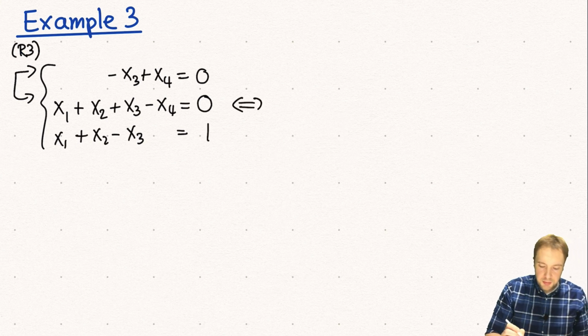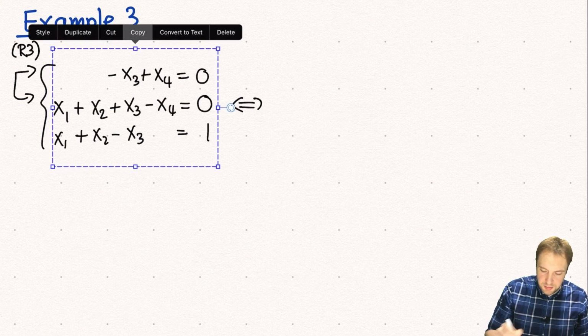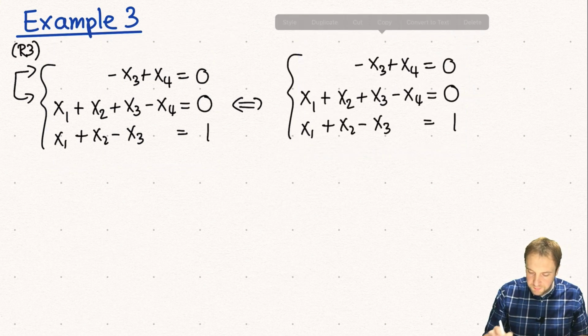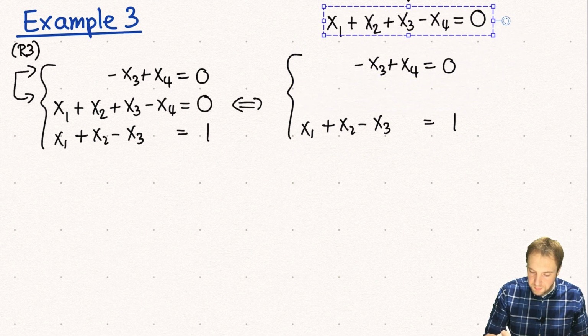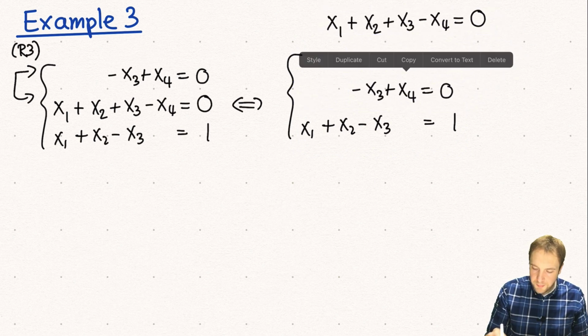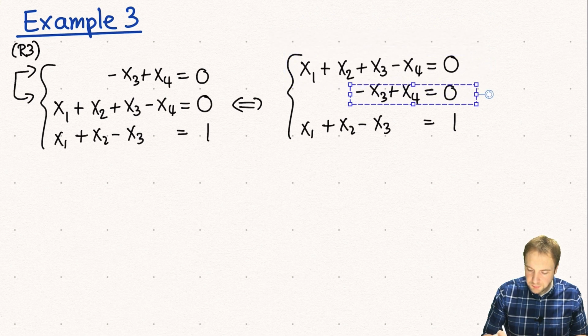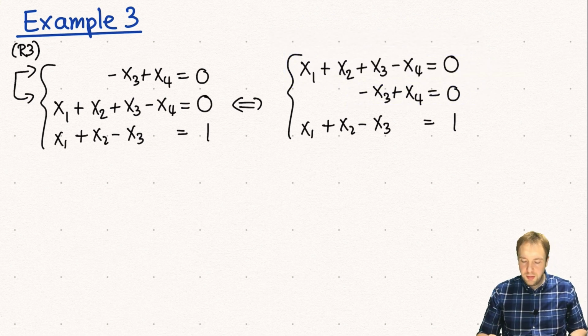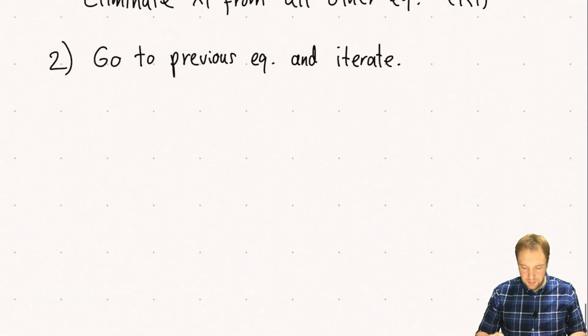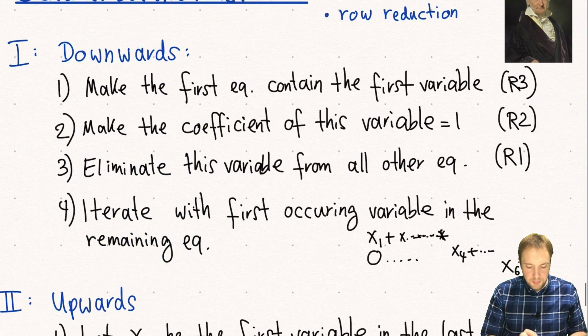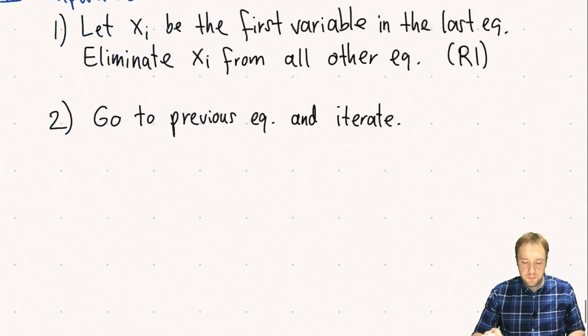And this gives, let me cheat again, this gives this linear system. Okay, and then what is the next step? Make the coefficient of this variable 1.